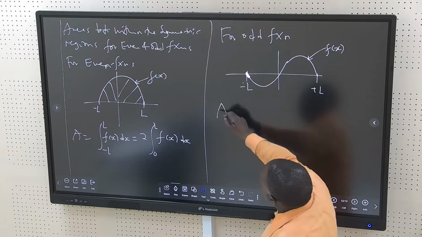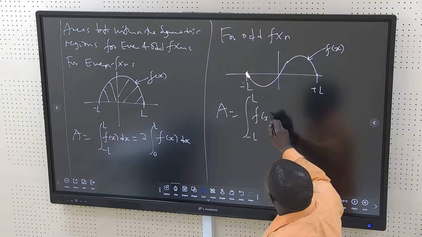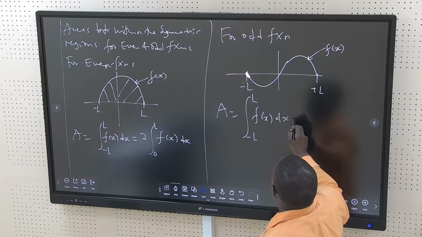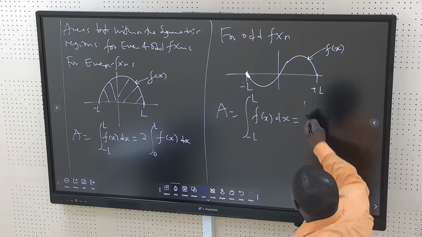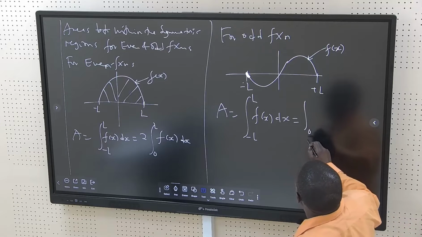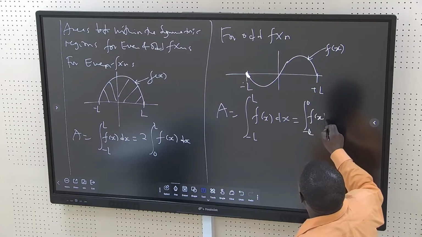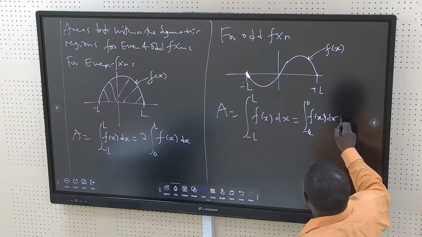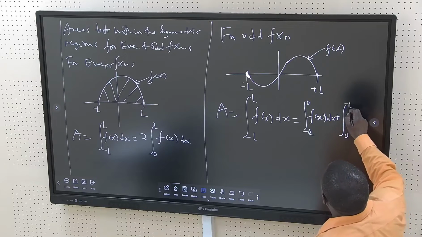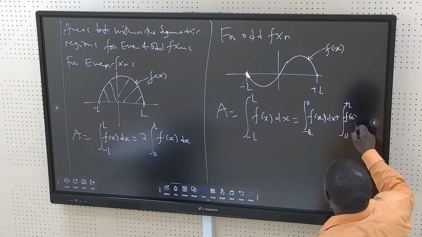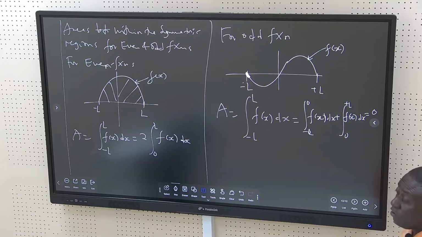The area from negative L to L of f of x with respect to x equals the integral from negative L to 0 of f of x with respect to x, plus the integral from 0 to positive L of f of x with respect to x, which equals 0.